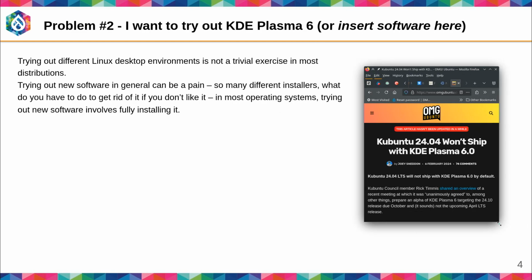Another problem, and this is more me because a shiny new thing, I want to go check it out: KDE Plasma 6 came out last year, and a couple months before the new Ubuntu release, it wasn't available. It wasn't going into the new release. I'm like, huh, I want to check that out. But also, there's just a wide variety of things that I'm constantly trying out and seeing what's new.